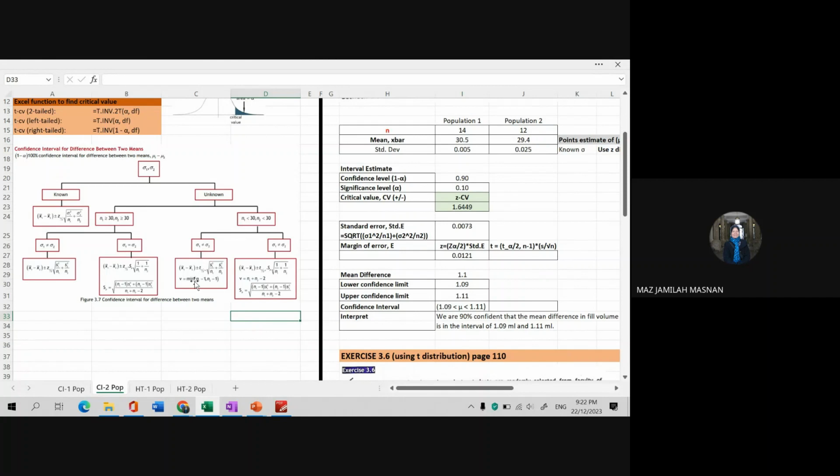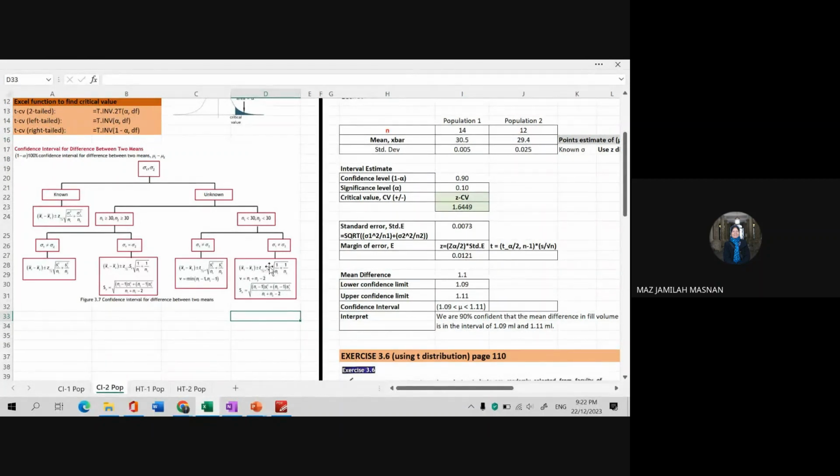So the difference is that for the degrees of freedom where sigma 1 and sigma 2 are not equal, we choose the minimum sample size from the two values. But for sigma 1 and sigma 2 equal, we are going to add the sample size values. You can see here n1 plus n2 minus 2. And the calculation for the S pooled is based on this one.